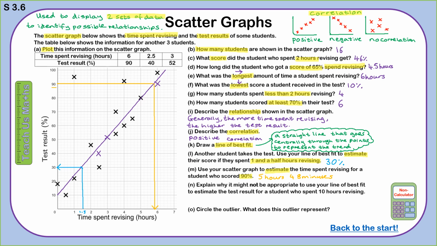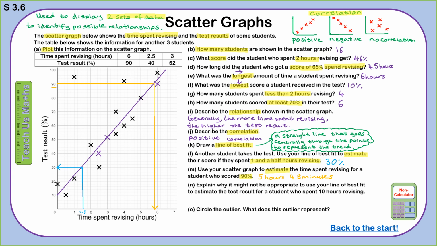So I'm going to keep these orange lines in there to show the examiner my method. So using my scatter graph, for a student who scored 90%, I would estimate that they spent around about 5 hours 48 minutes revising.